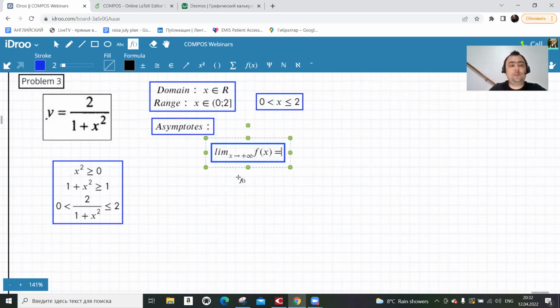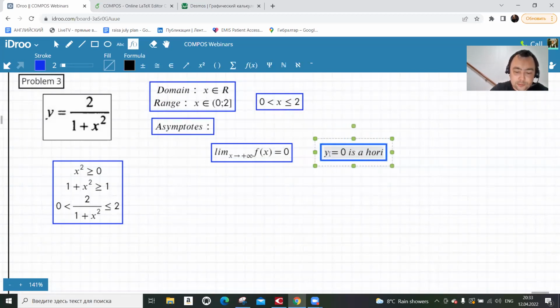Can somebody help me? 2 divided by 1 plus a really, really big number. It becomes infinitely small. It becomes 0. Well, it's not y equals 0. The limit is 0. Okay, and that means that y equals 0 is a horizontal asymptote on the right.